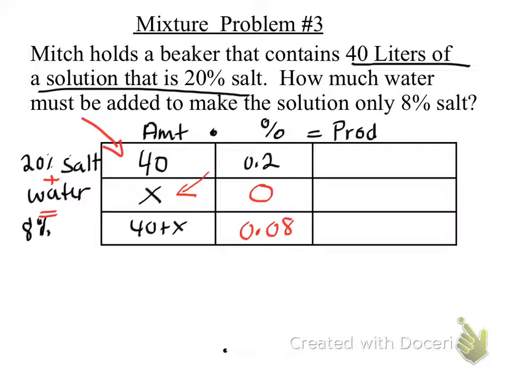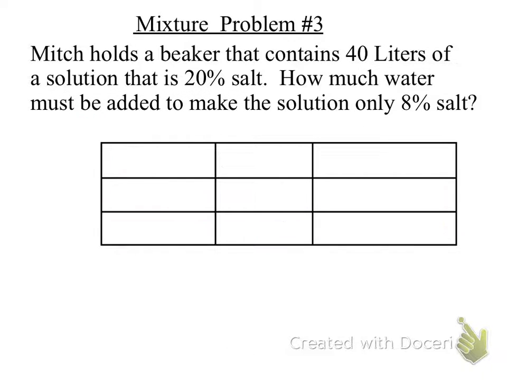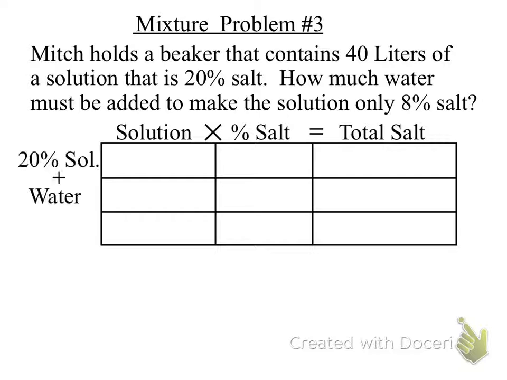Okay, multiply across. 40 times 2/10 is 8, right? And then we have 0. 8 plus 0 equals 0.08 times 40 plus x. So it's 8. I'm going to erase here. Put it all in regular writing.